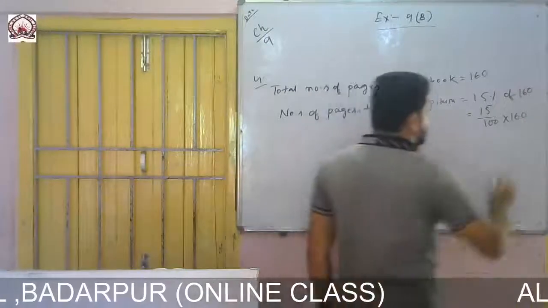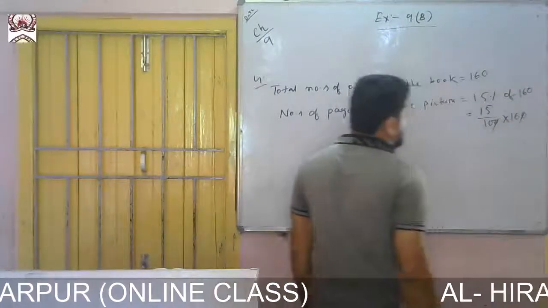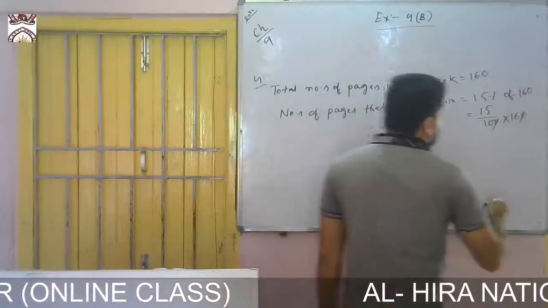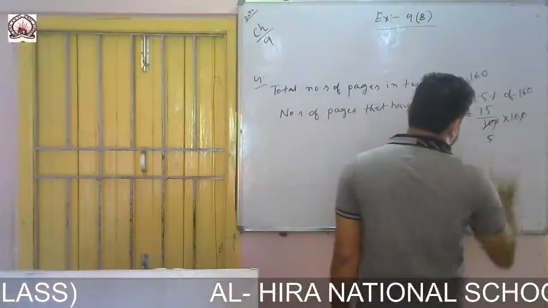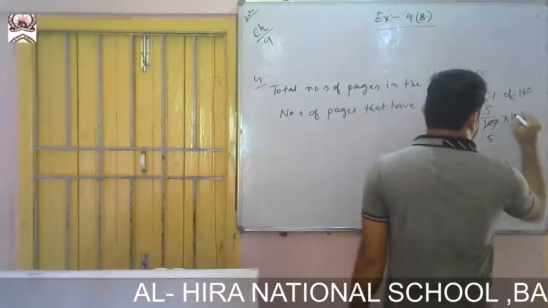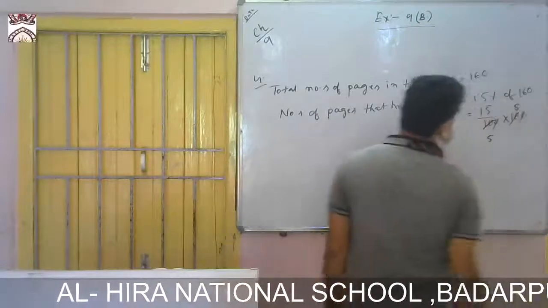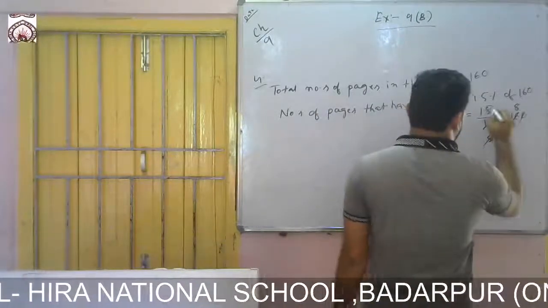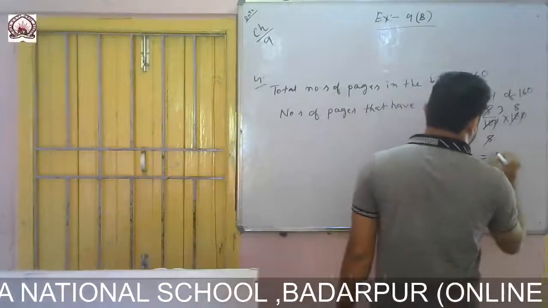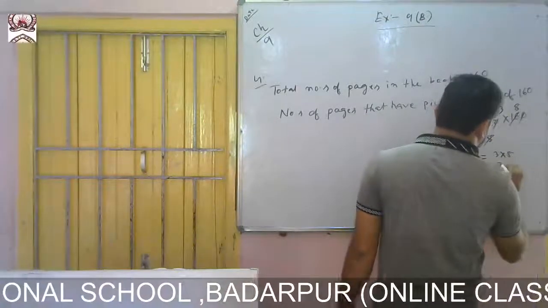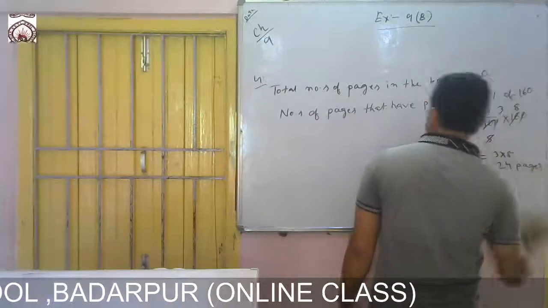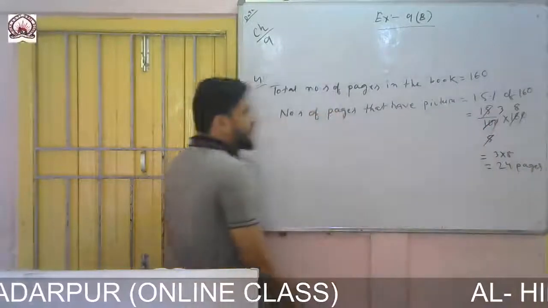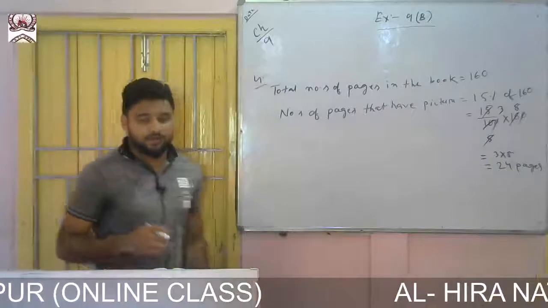Okay, so cancel the zeros. Then 5 twos are 10, and 2 eights are 16. So 3 into 8 equals 24 pages. That means 24 pages have pictures on them.